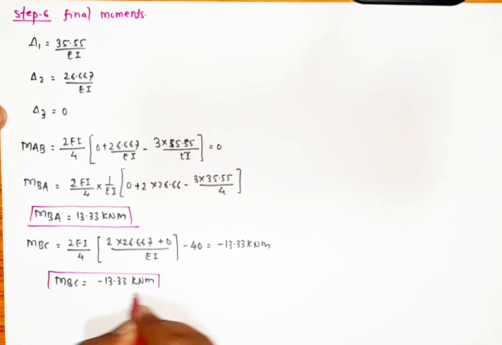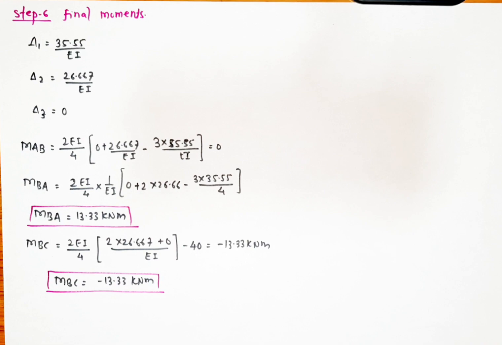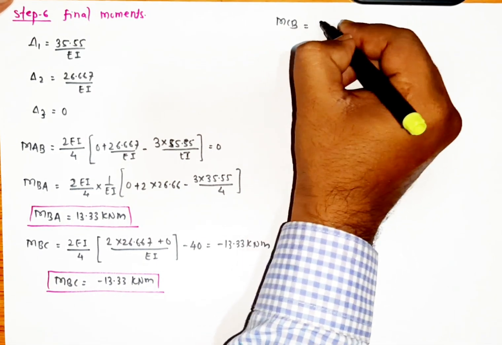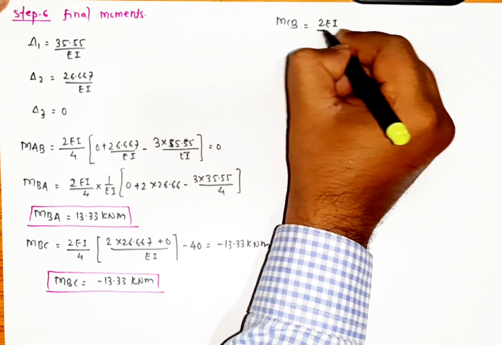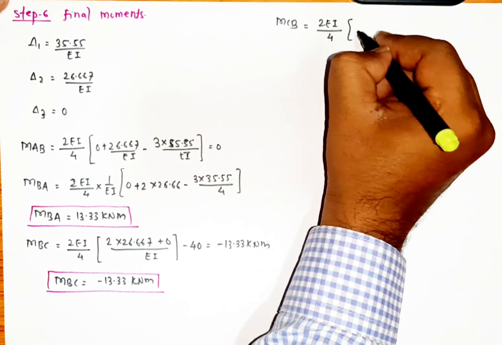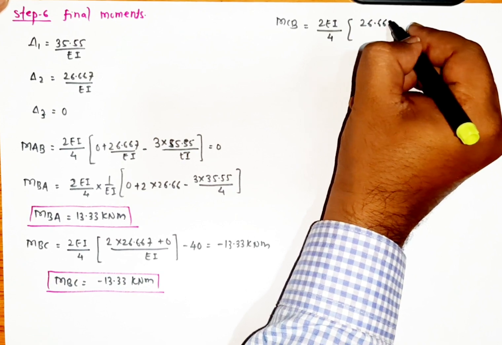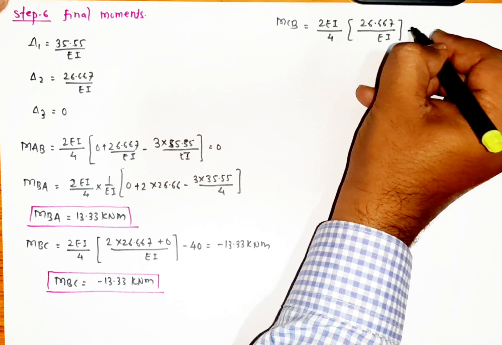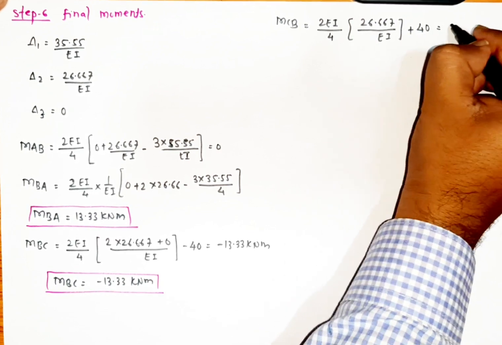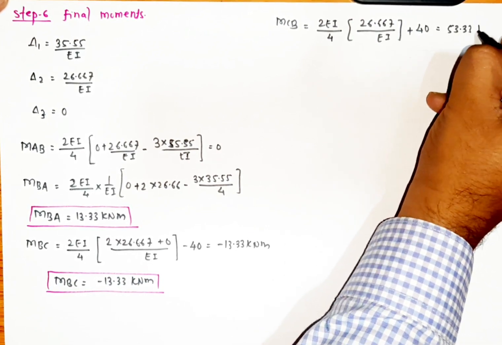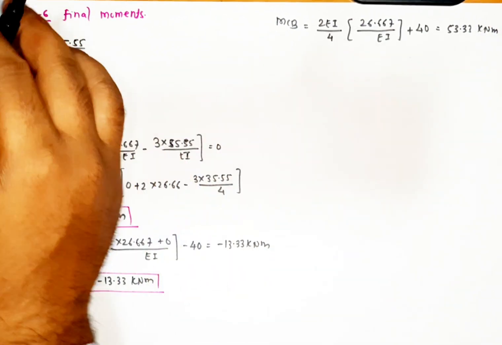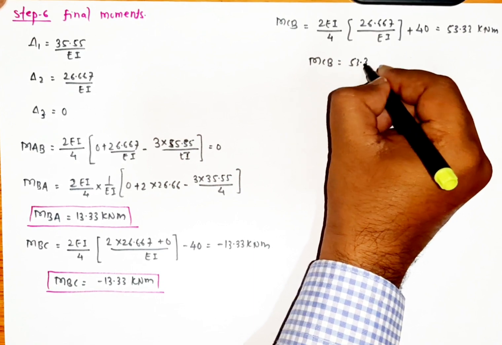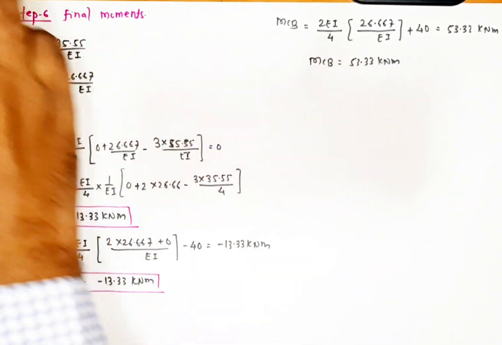After these calculations we need to calculate for MCB. Therefore MCB is equal to twice of EI divided by L is 4 into 26.667 divided by EI plus 40 is equal to 53.33 kilonewton meter. Therefore MCB is equal to 53.33 kilonewton meter.